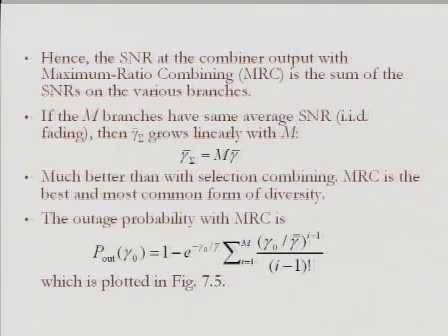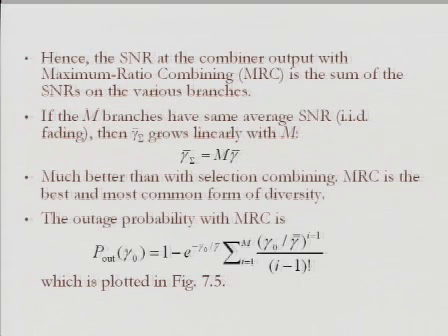This is much better than with summation combining, because here we get a linear improvement with the number of antennas. It's not diminishing anymore, it's constant. And that's the reason that MRC, maximum ratio combining, is the best and the most common form of diversity combining by far.